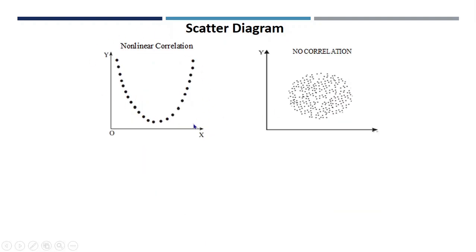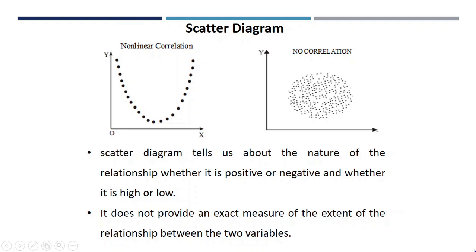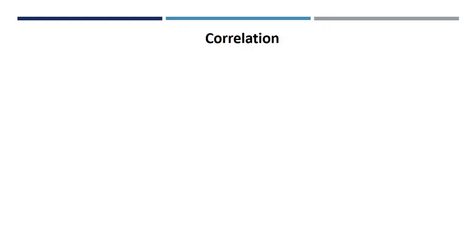This shows a non-linear relationship, and here there is no correlation at all. The scatter diagram tells us about the nature of the relationship, whether it is positive or negative and whether it is high or low. It does not provide any exact measure of the extent of the relationship between the two variables.